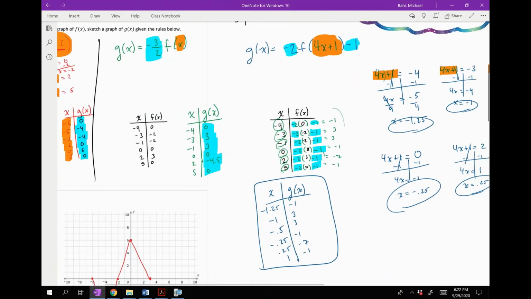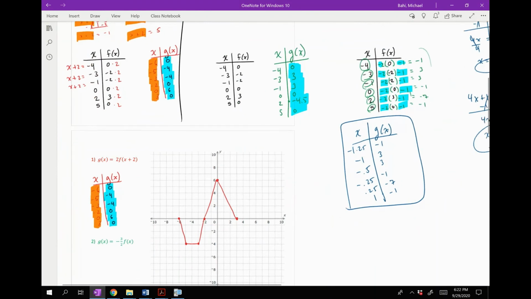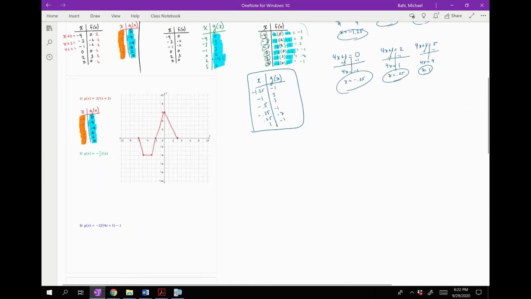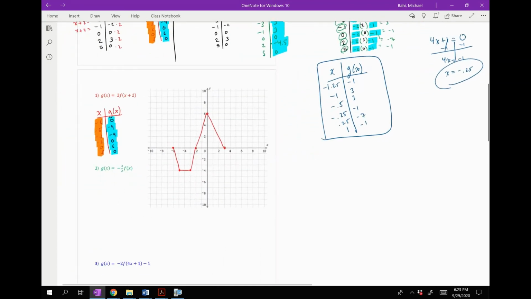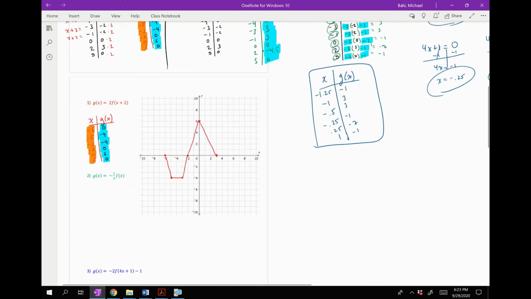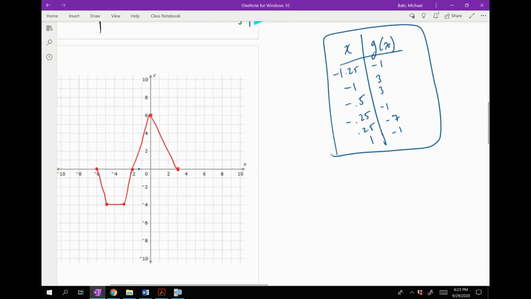All right, so here are my tables. For the blue one, -1.25, we're going to have to really just guesstimate over here.